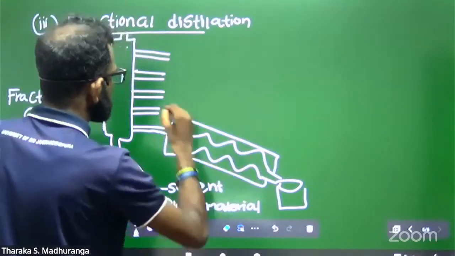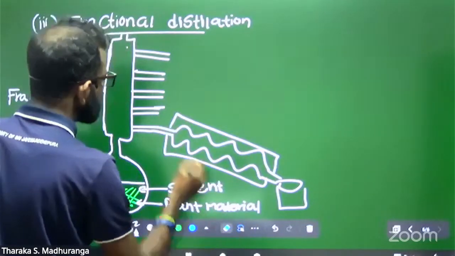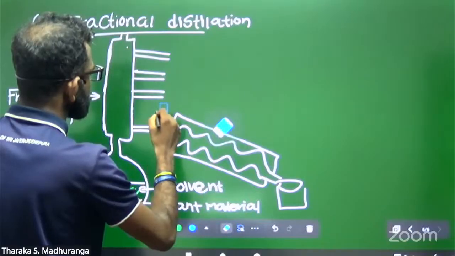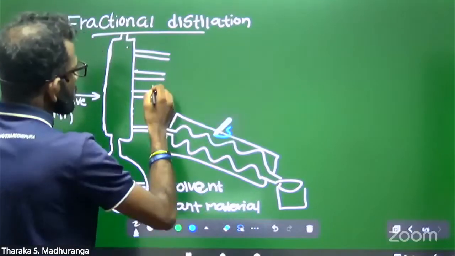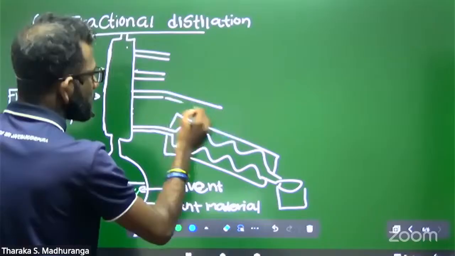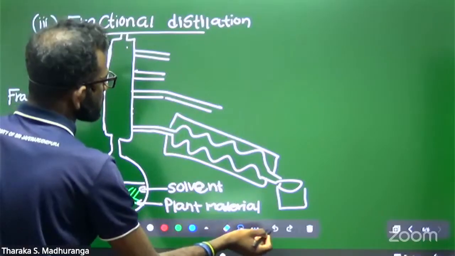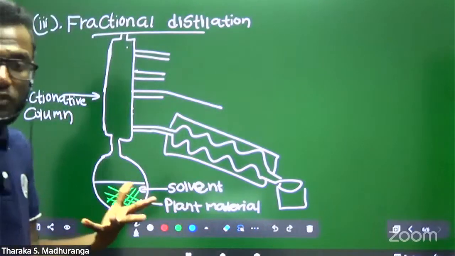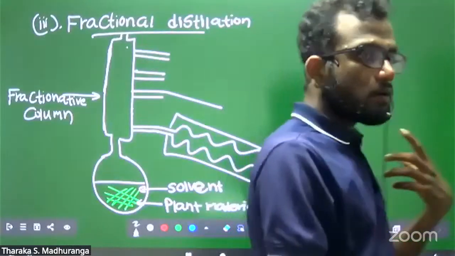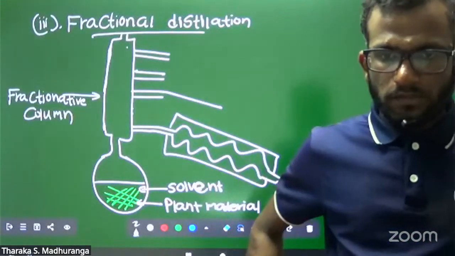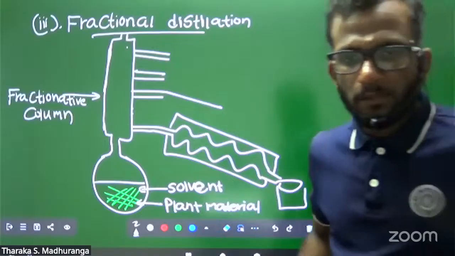We can use more condensers, not only one. That's fractional distillation. Normally in the world, fractional distillation is mostly used for the crude oil separation process, the petrol and diesel purification process.